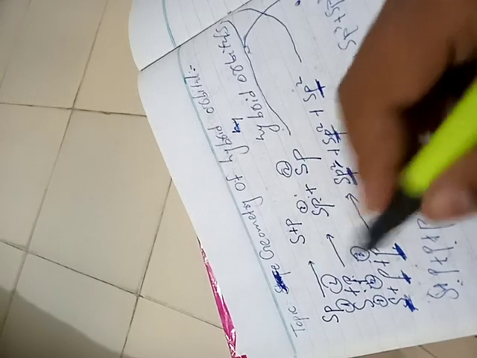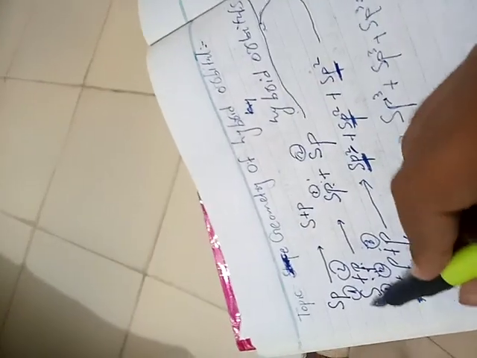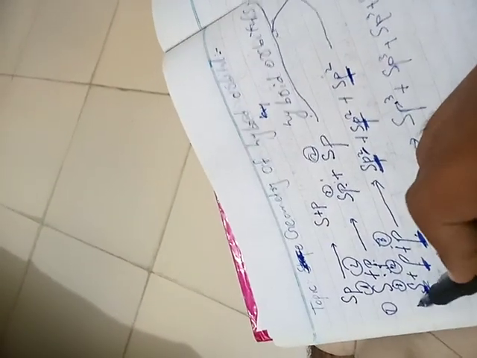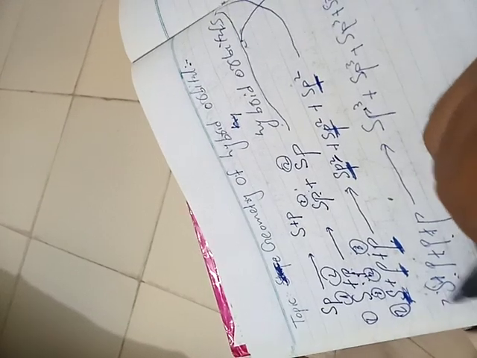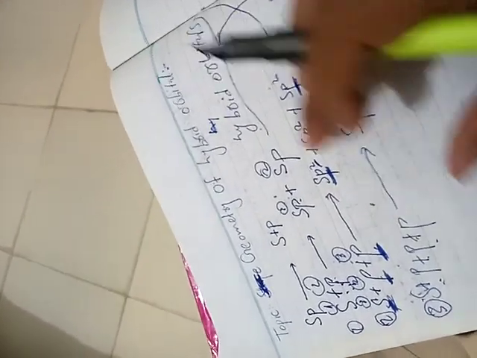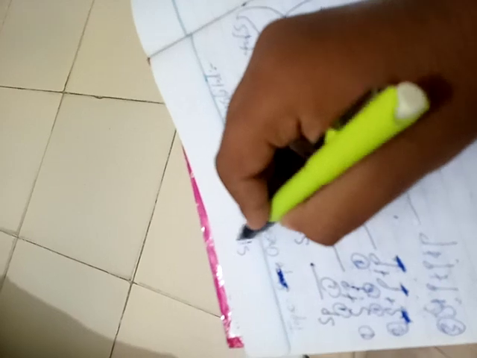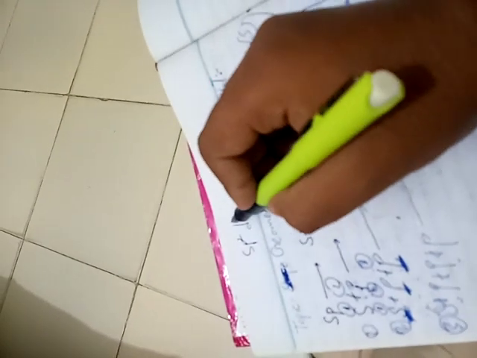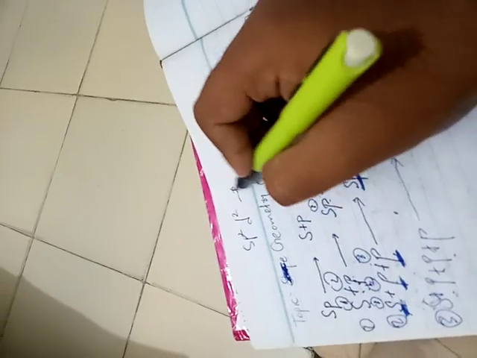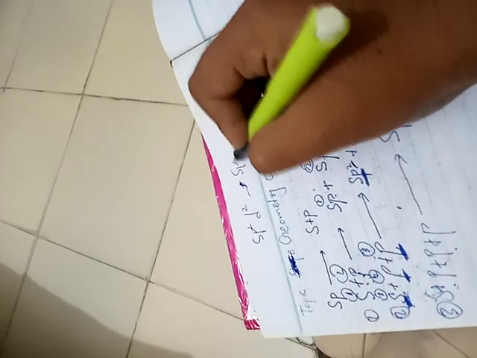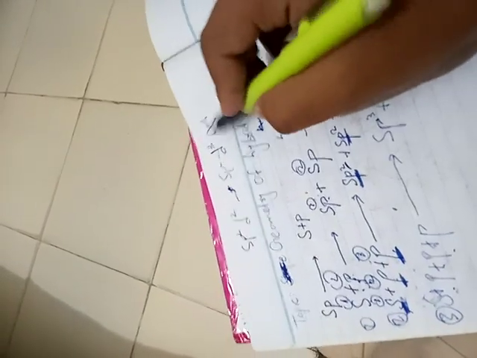Now we will draw the structures of these three, sp, sp2 and sp3, on the basis of these things. We will not draw sp3d, sp3d2 and so on, because these do not belong to our level.